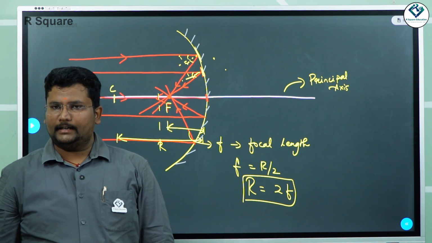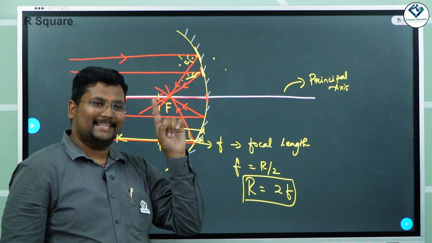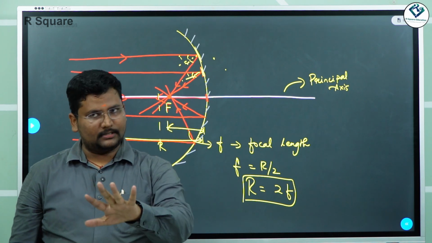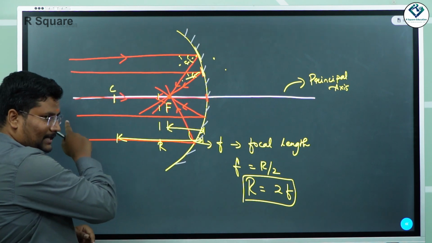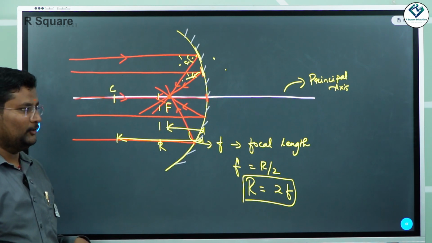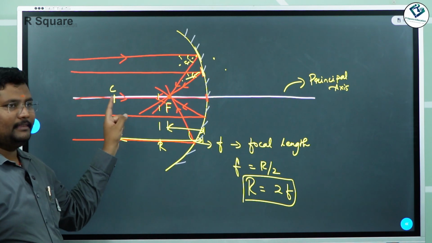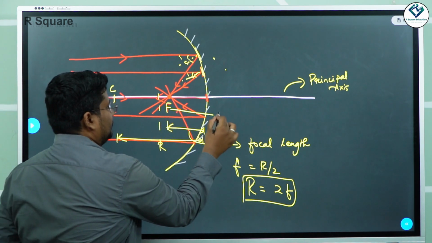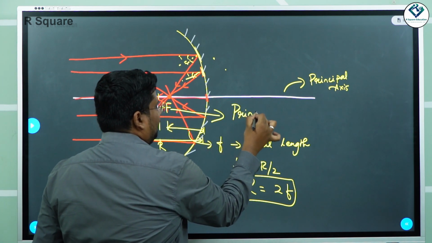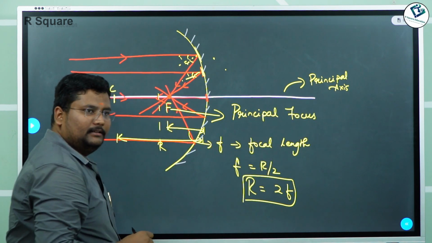Is that clear? So all the lights which meet at the same point after reflection are called the focus. If the focus is on the principal axis, we call this the principal focus.